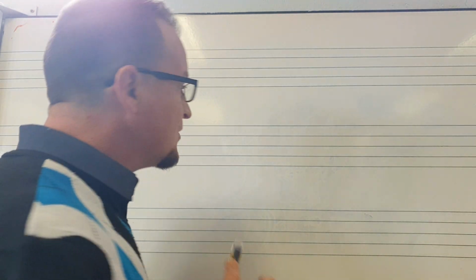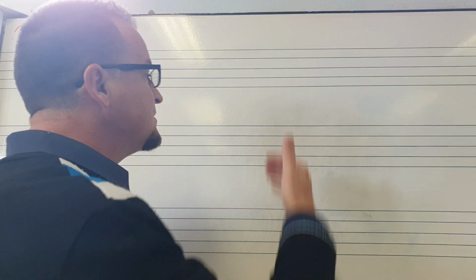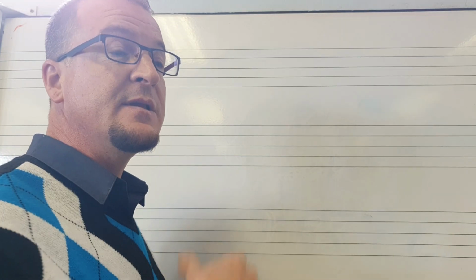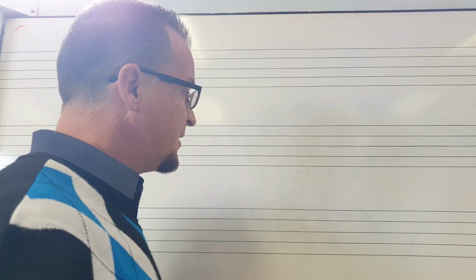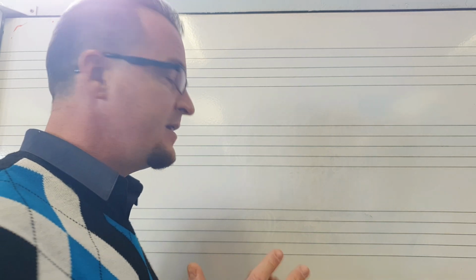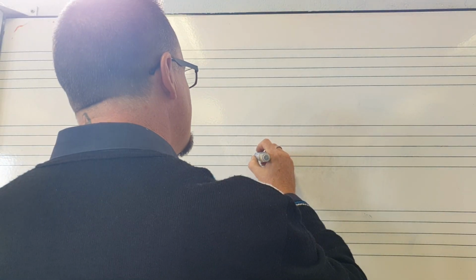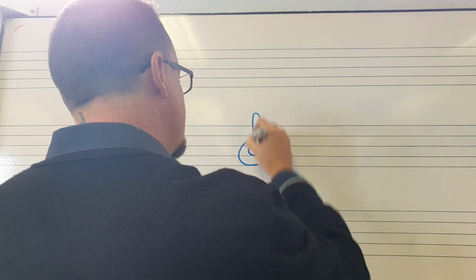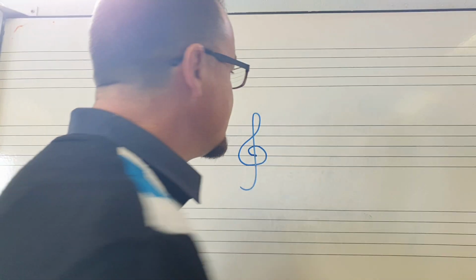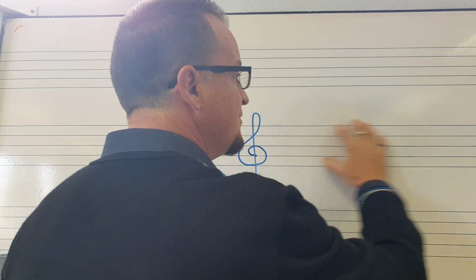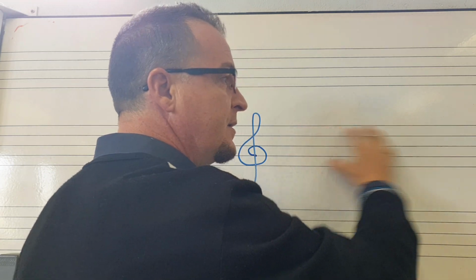So there are 2 clefs that go onto these staves, and later we'll see that there are in fact more clefs. But in grade 1 theory we learn about the treble clef and the bass clef. Right, so if I put a treble clef on the staff, what it does is it changes the view of the pitches on the staff.